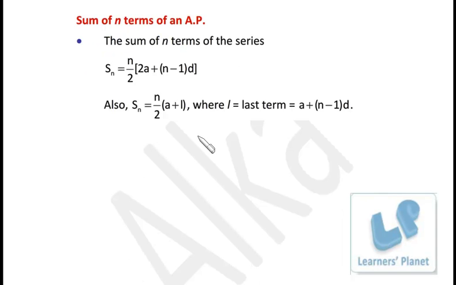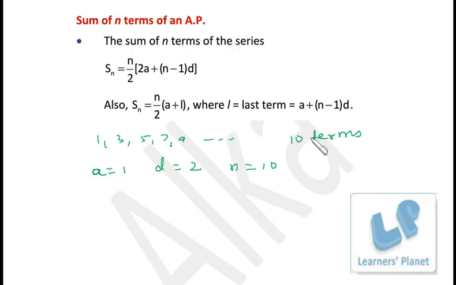Suppose I take an example, maybe 1, 3, 5, 7, 9, and we have to find the sum of 10 terms, right? So here a is equal to 1, d is equal to 2, that is the common difference, and n is equal to 10, that is the number of terms, right?